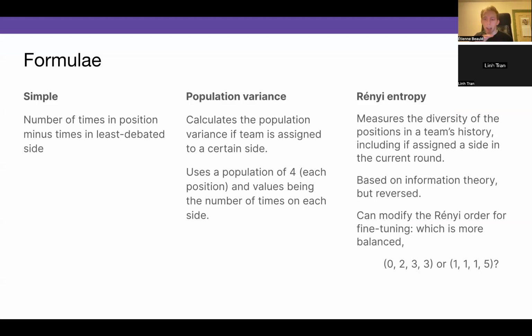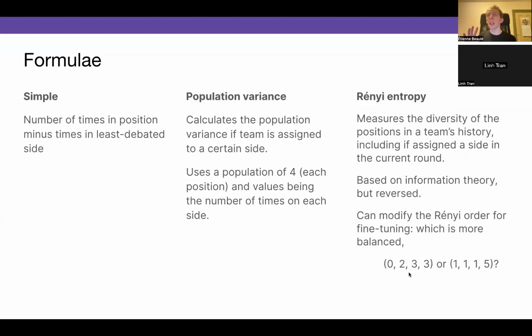The nice thing with the Rényi entropy is that it is more generalizable, and we can fine tune it. So I have the example here where you have 2 teams, and the first numbers are the number of times they've been in opening government, opening opposition, closing government, closing opposition.